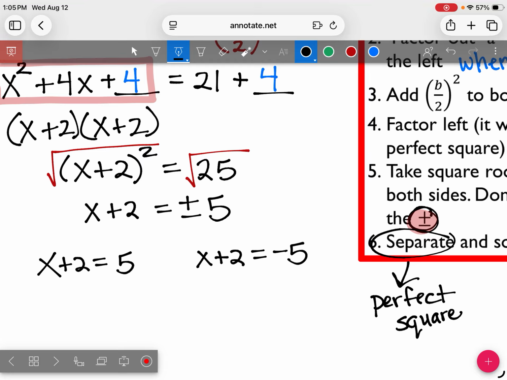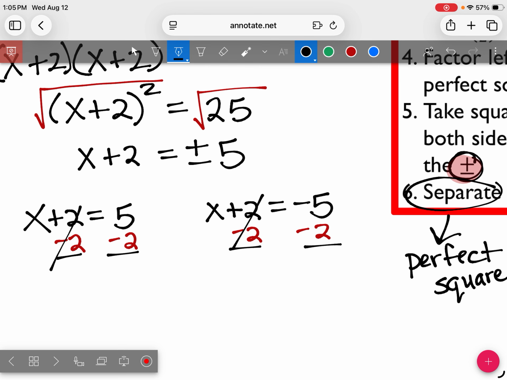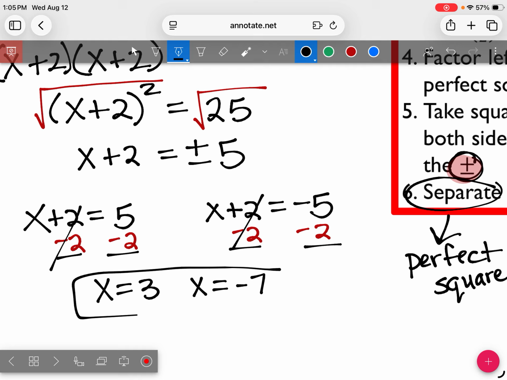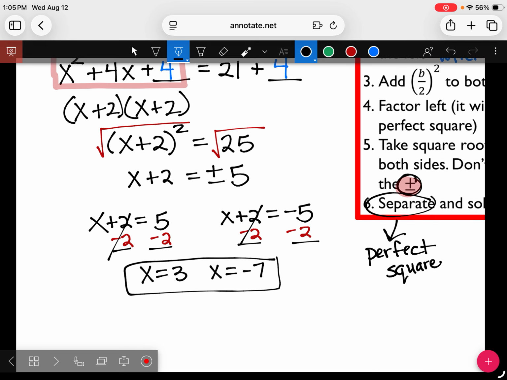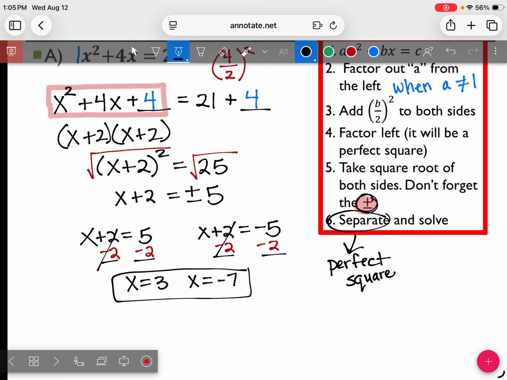So in order to solve it, I'm subtracting 2. And I get x equals 3 and x equals negative 7. That is how we complete the square.